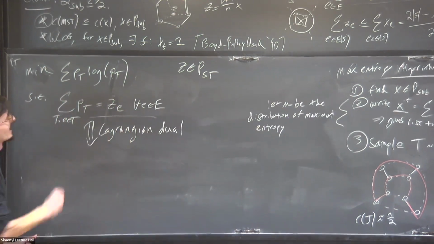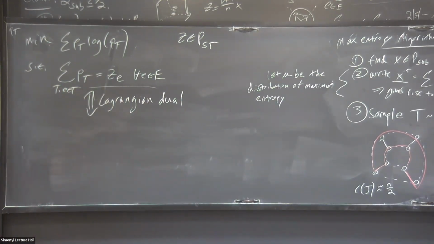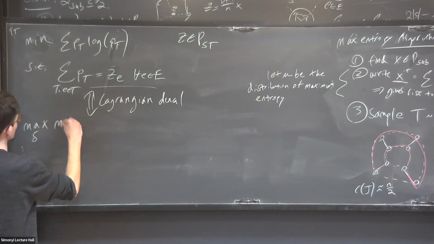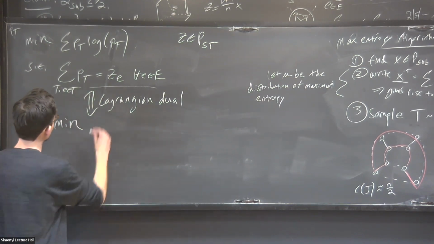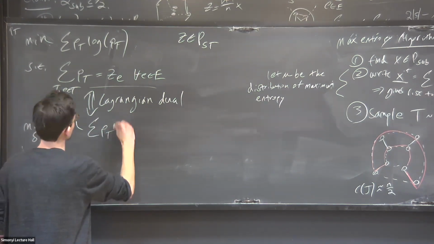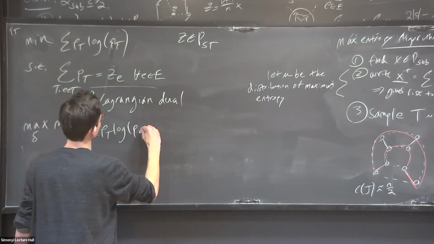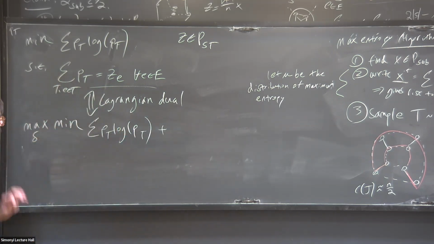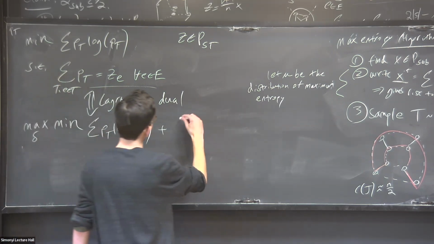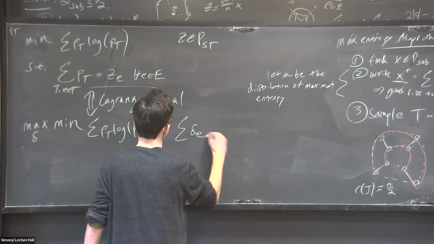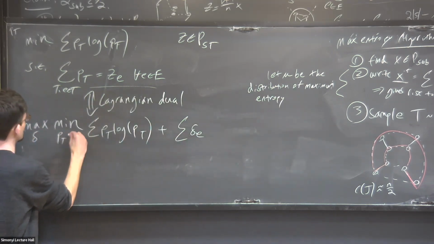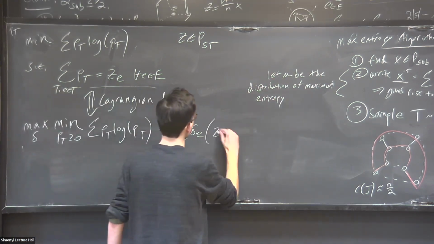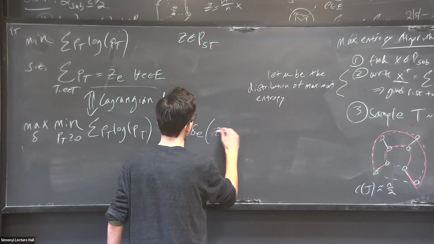Okay. Now I'm going to take the Lagrangian dual. This is going to be the max over delta, the min over some PT log PT. And now I have to encode my constraints in the objective function. So I'm going to ask that this should be over positive PTs, and that these constraints are met.